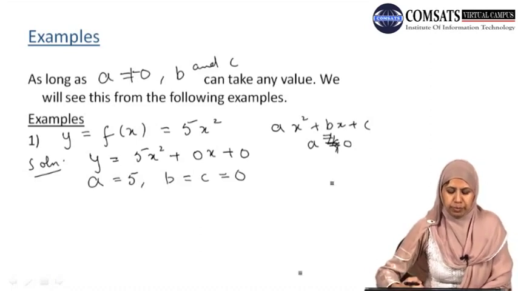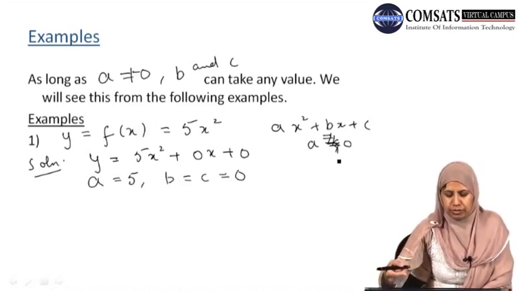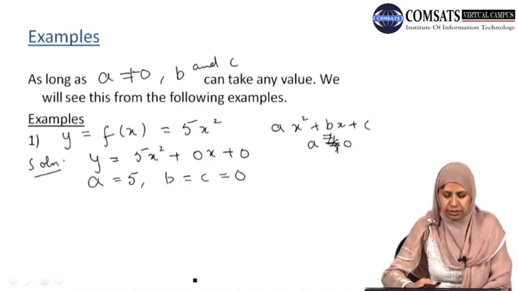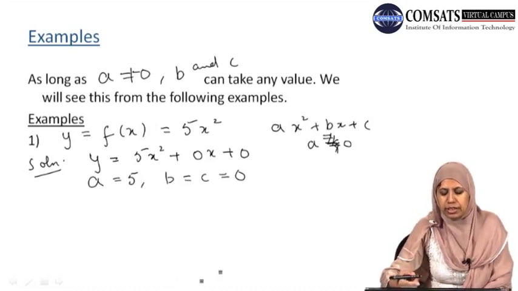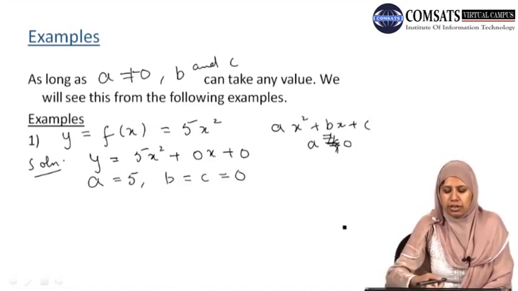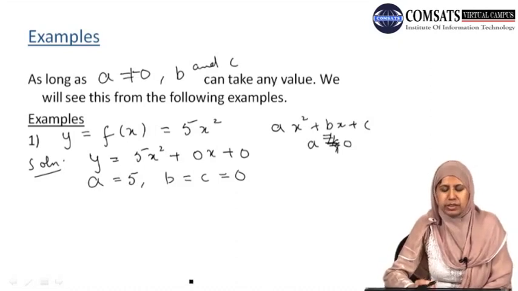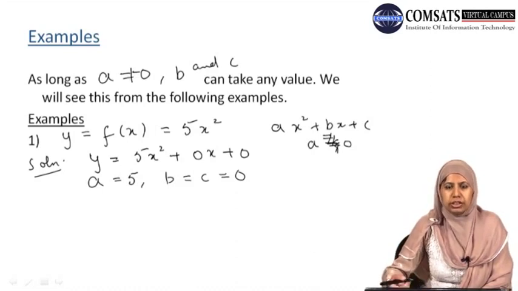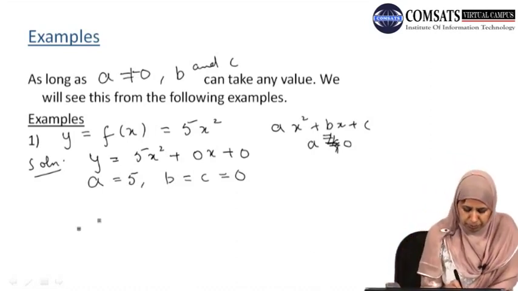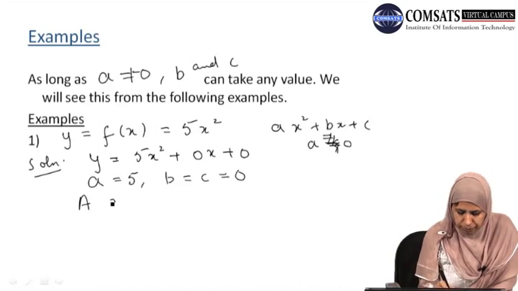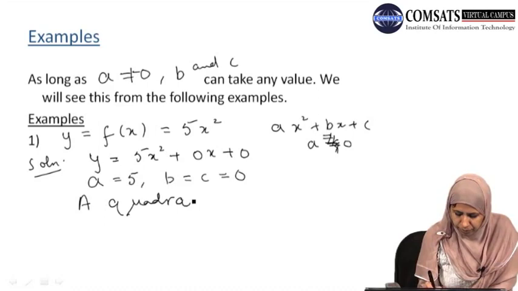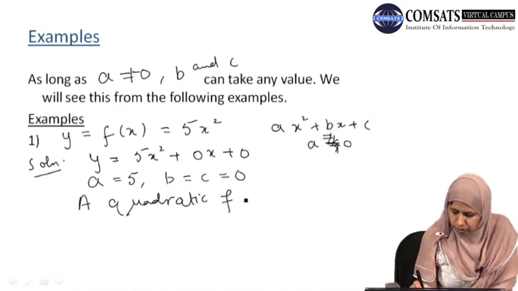If we read our first sentence, that as long as a is different from 0, as in this case a is equal to 5, which is different from 0, b and c can take any value. In this example we can see that b and c both are equal to 0, and still the given function is a quadratic function.